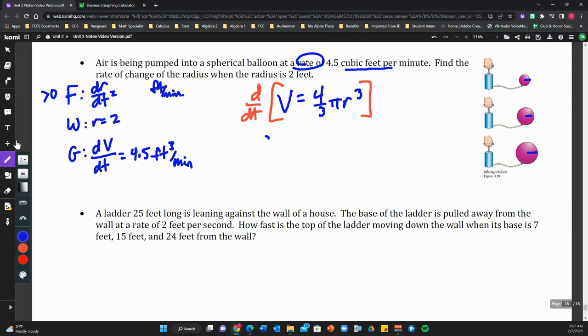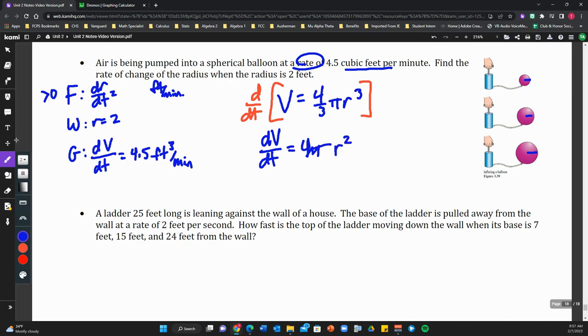So doing so results in dV/dt is equal to, now remember this is not a product, this is all just a bunch of constant multiples in front. This is really just the power rule and chain rule. So bring down the 3, we end up with 4 pi. The 3's will cancel out.